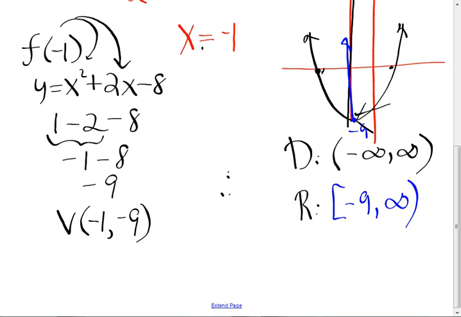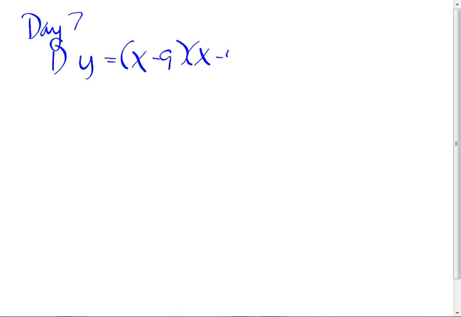Number 1, it says the axis of symmetry is 7. Find the vertex. So we're going to add a new page. This is day 7. And number 1 is y equals (x minus 9)(x minus 5). Could I ask you for the x-intercepts? What are the x-intercepts?